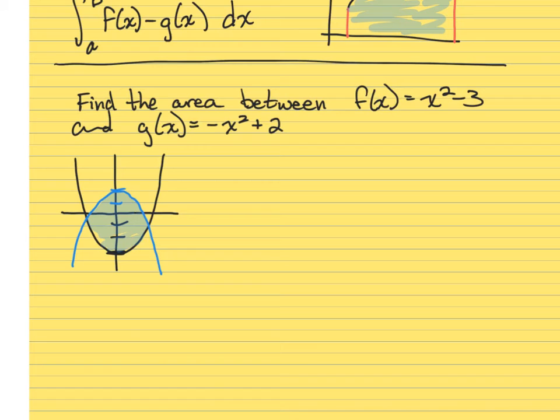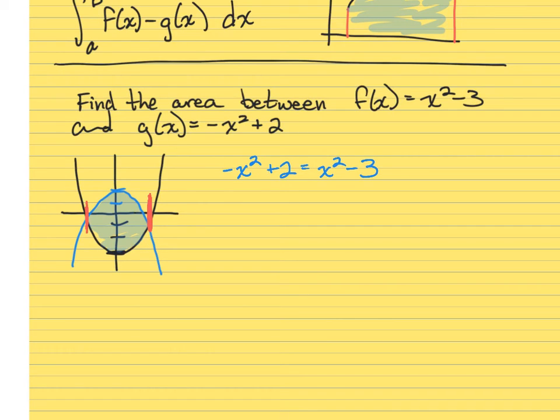But before we do that, we actually need to figure out what these limits are. This should all be symmetric. How wide are we going to have to go? The way we will do that is we simply need to know when one function equals the other function. If you set them equal to each other, you find the intersection points.